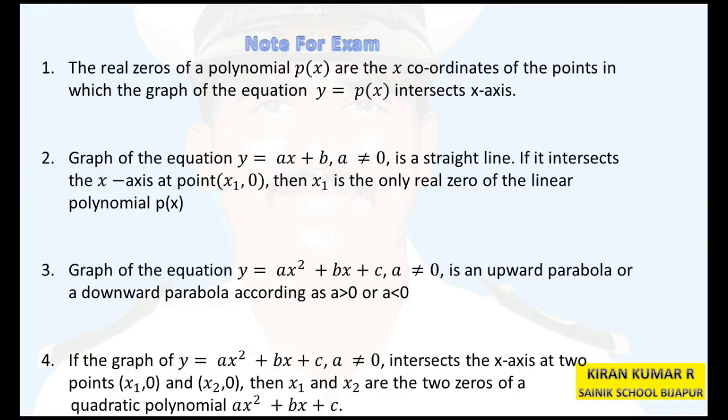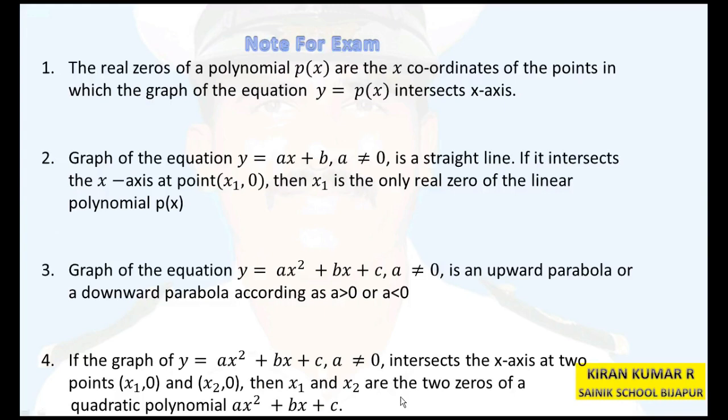Look at these points. It is note for exam. First point is the real zeros of polynomial p of x are x coordinates of the point in which the graph of the equation y is equal to p of x intersects x-axis.